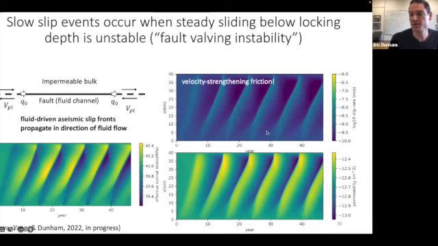You see these pulses propagating. They're spontaneously generated at one side and propagate in the direction of fluid flow. Here's the permeability evolving, right? It's high during slip and then heals, and then another one ruptures through. Here's the effective stress. So you see that it is this high fluid pressure, low effective stress that's driving this phenomenon.